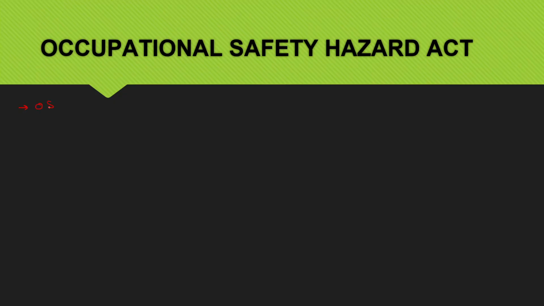The short form for this is OSHA. This provides us with some color codes of fire safety. Let's discuss the different color codes and their description. First is yellow with black. This indicates physical hazard, physical danger. Second is orange with white, mainly for traffic warnings.